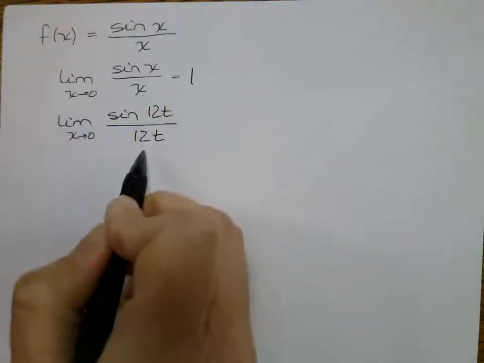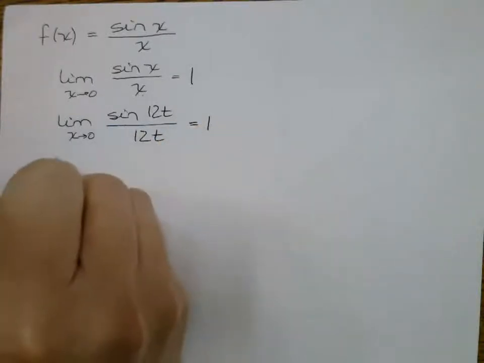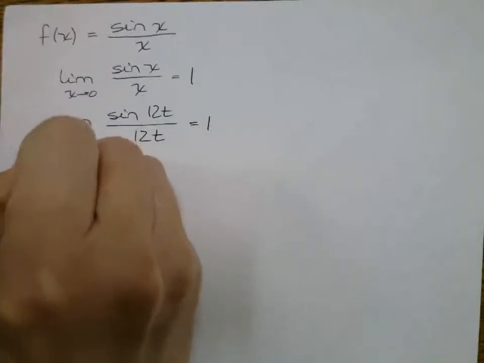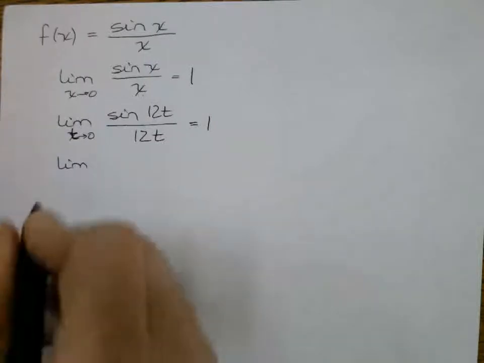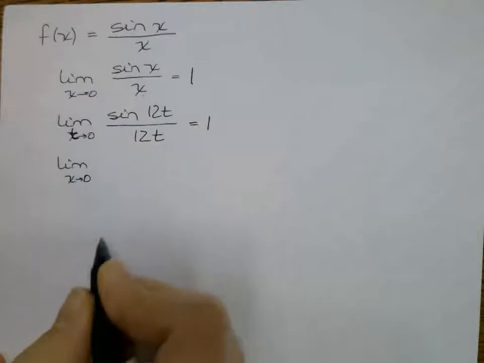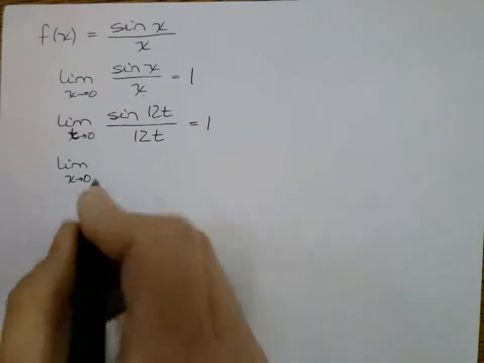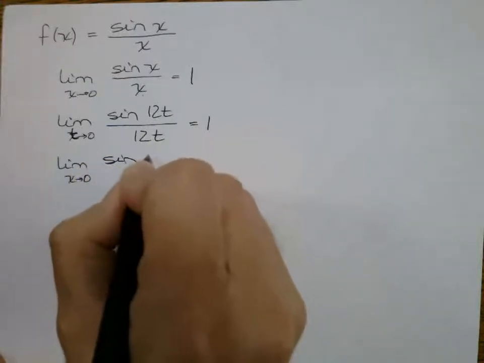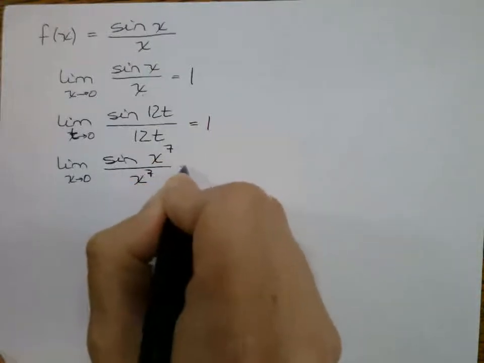Well, those are the same. So that limit is 1. The limit as x goes to 0 of sine x to the 7th over x to the 7th. Still 1.